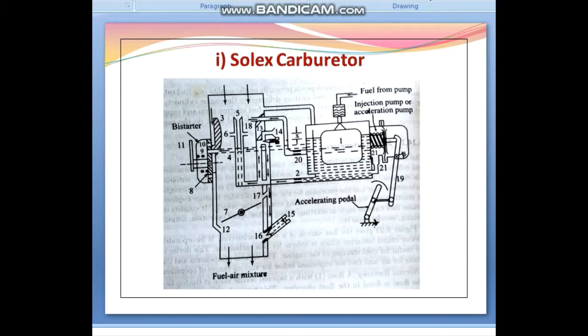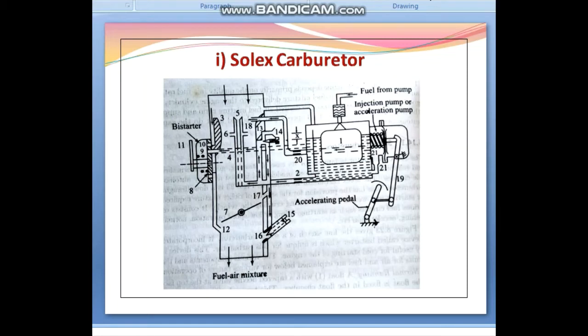So number one is normal running. The float, that is one, with a tapered needle valve at the top face of the float, is fixed in the float chamber. This tapered valve takes care of the level of the fuel in the float chamber.